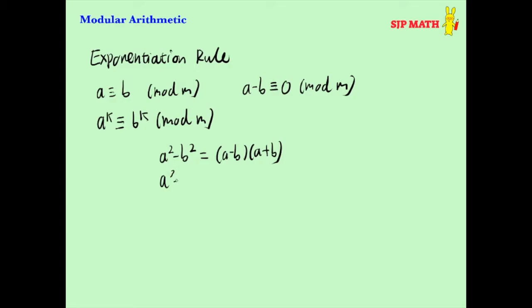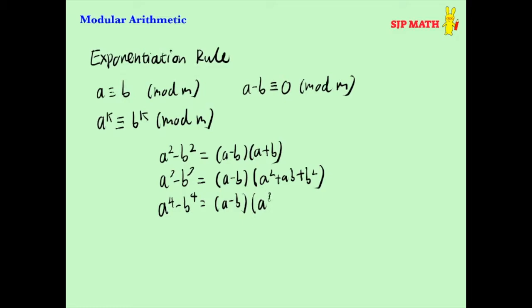And how do you factorize a cubed minus b cubed? This is a bit harder. Well, it is a minus b times a squared plus ab plus b squared. And then how do you factorize a to the 4 minus b to the 4? Well, it is a minus b times a cubed plus a squared times b plus ab squared plus b cubed. And so on. It works like that.